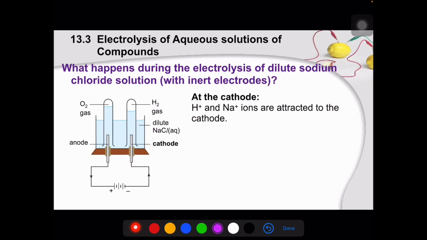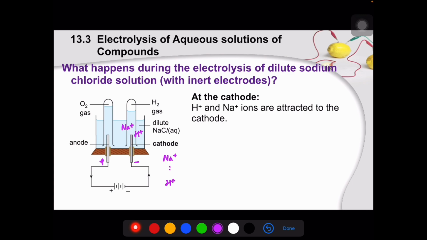At the cathode, right? At the cathode, like what I mentioned just now, this is where your cations come, right? So your Na plus will come here, and there's also a H plus from water will come over here. So this time around, we also need to know what is a selective discharge, right? So if you recall in the reactivity series, right, we had your please stop calling me blah blah blah, all these things, right? And if you remember what I mentioned just now, sodium ion is here, hydrogen ion is here.